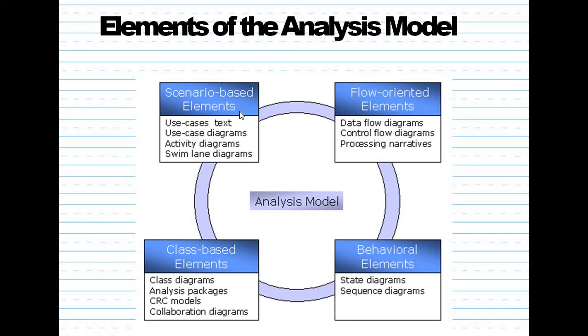These are the elements of the analysis model: scenario based elements, flow orientation elements, behavior elements, and class based elements. These are all the analysis models. About all of these we will read in detail, like data flow diagrams and state diagrams. We have covered the topic of entity relationship diagrams and data flow diagrams.